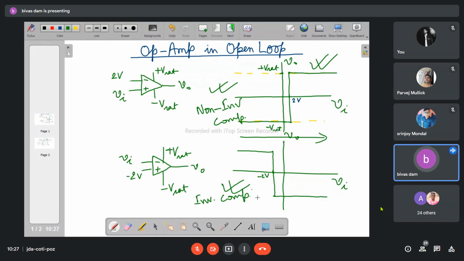In the inverting type of comparator, along the increasing input change, there will be one decreasing output step change. Whereas in the non-inverting type, along the increasing direction of the input, there will be one increasing step change at the output. So that is the basic difference between the inverting type and non-inverting type of comparators.